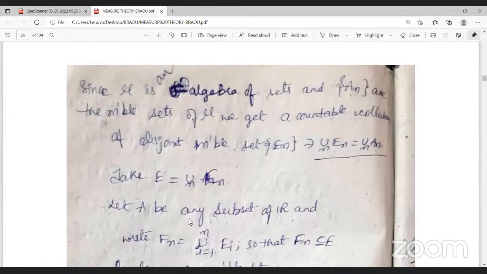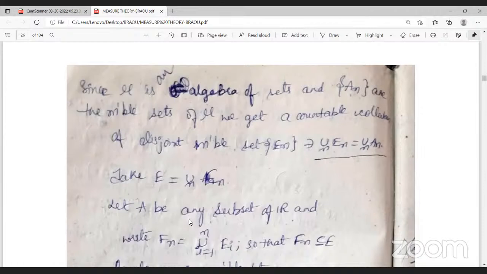And Fm intersection Fn equals the empty set for m not equal to n.